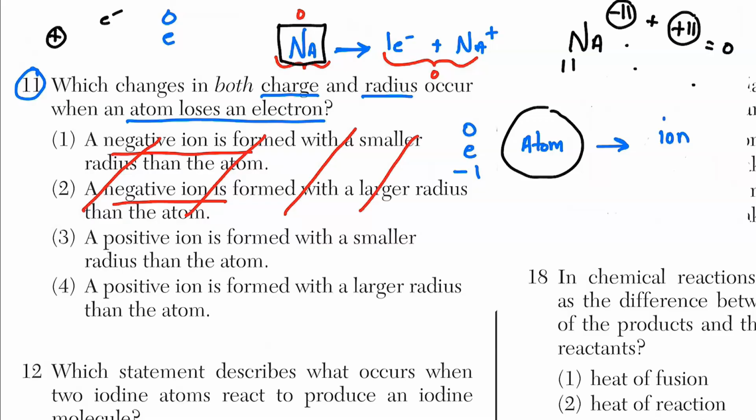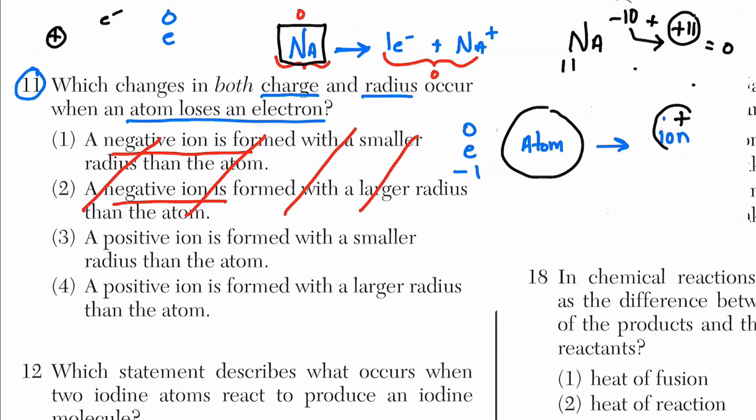So if it becomes a positive ion because you lose a negative, oh my gosh, you can see that the protons are going to outnumber the electrons. If I lose an electron, this now is going to be negative 10 outside the nucleus. And you can see that a positive 11 is now bigger, so the greater positive is going to pull the electrons in closer, and it gets smaller.